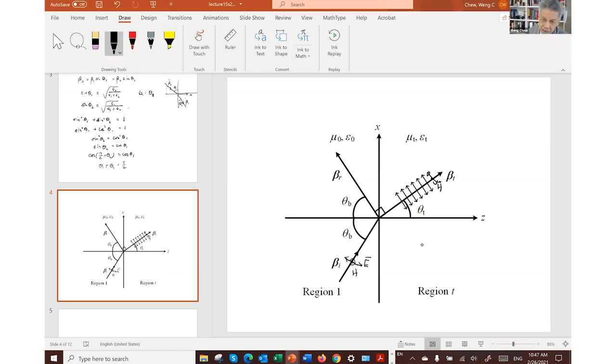And what happens is that this electric field gives rise to little dipoles called the polarization dipoles. We know that P is epsilon naught chi E. Okay, whenever you have electric field, you have polarization density, which essentially consists of very small little dipoles.